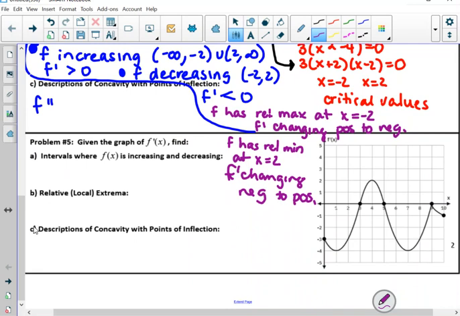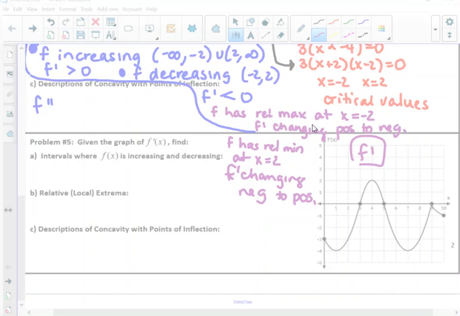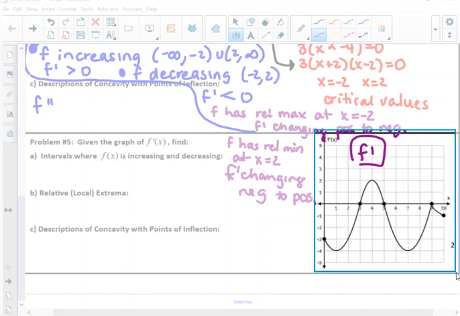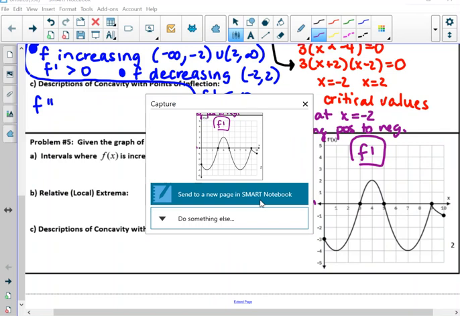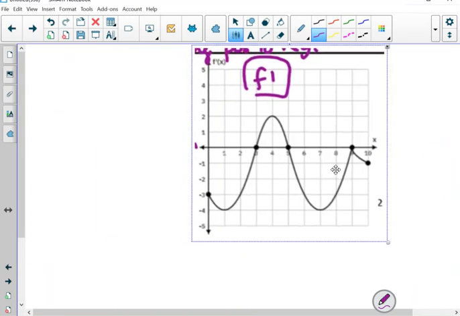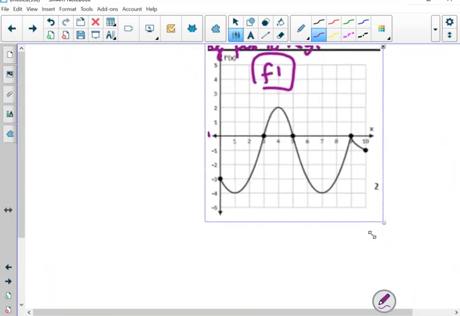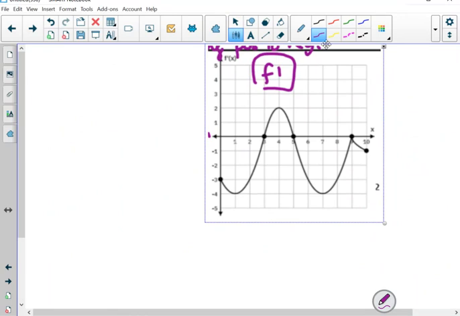So given that this is an F prime graph, see what you can tell me about F. And this is actually really good practice for part of what we did in 26 and what we're doing here in 27. In 26, we looked at graphs to give the increasing and decreasing mins and maxes.